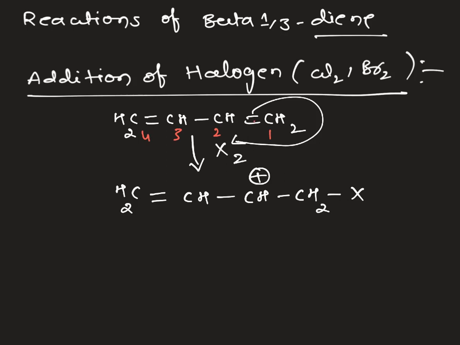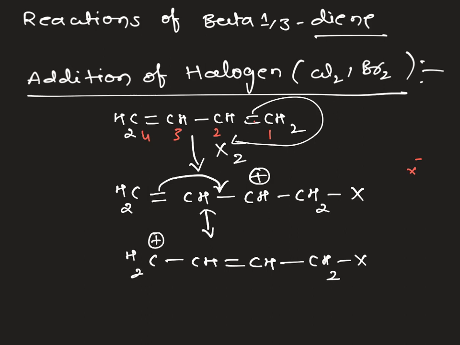Now the other X is there in the form of X minus. That X minus can come and attack at this center. There are two possibilities, because once the carbocation is formed, it may undergo resonance delocalization, and the double bond migrates between these two carbons, so the positive charge is now at the last carbon.